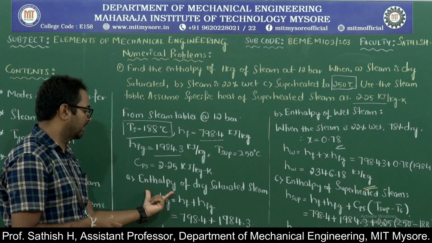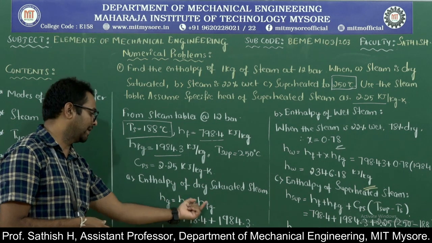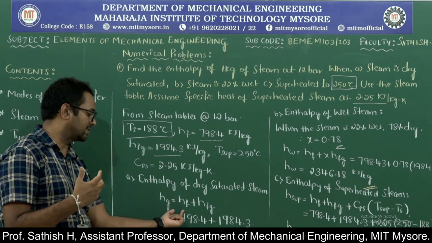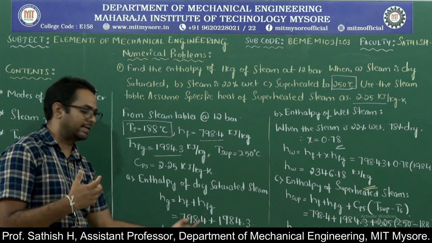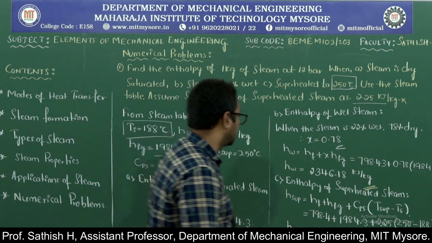So in order to find out the enthalpy of a dry saturated steam, we have taken this formula Hg is equal to Hf plus Hfg. This is for the enthalpy of a dry saturated steam, given by sensible heat plus latent heat of evaporation. So you will find this answer as 2782.73.